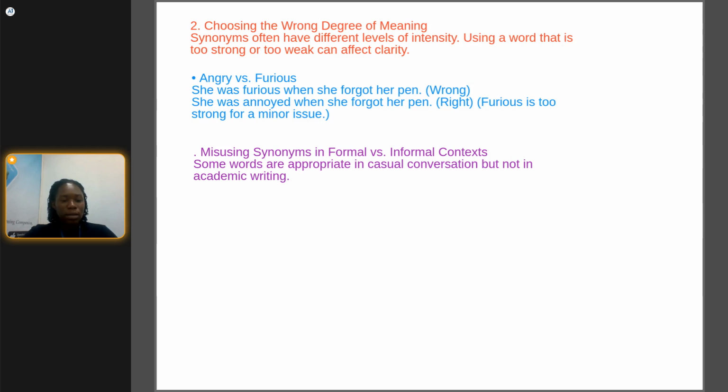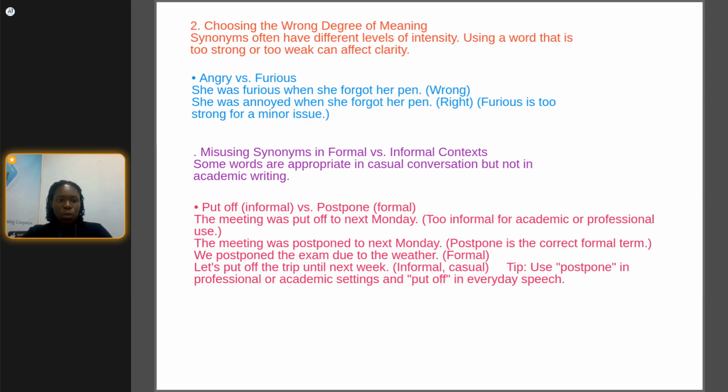These words are synonymous, all right? But again, because words are synonymous doesn't mean that you can use them interchangeably. Your context, do not ever forget context for any reason. Context will save you from mistakes such as this. All right. So we have put off versus postpone.